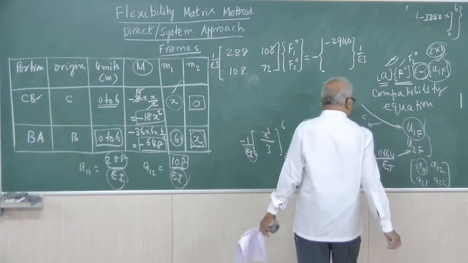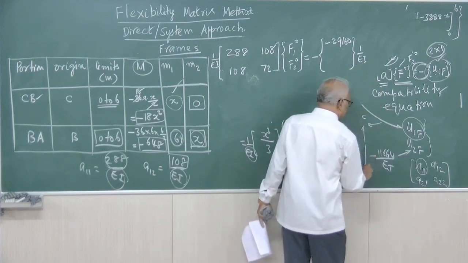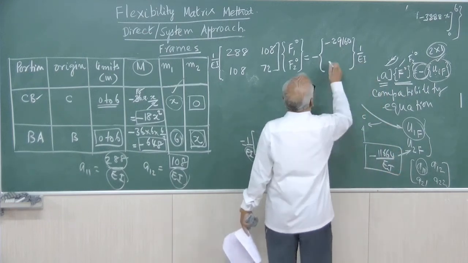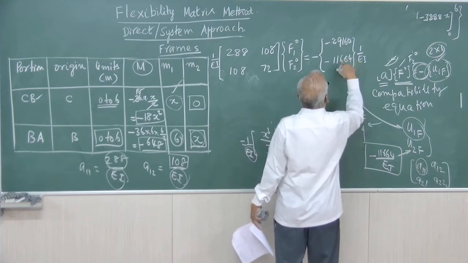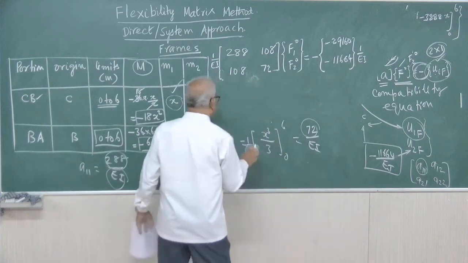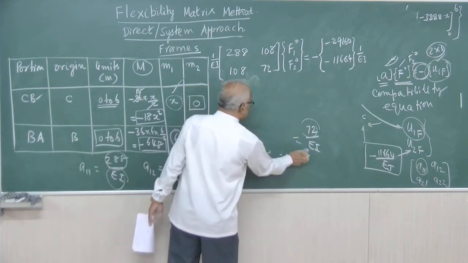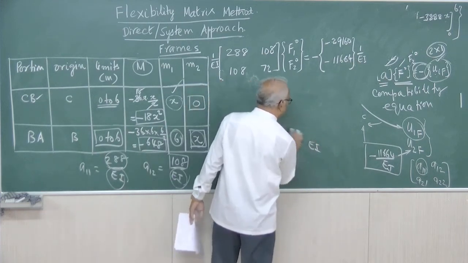And this value A12 equal to minus 11664. Now, for getting the redundants, we have to solve this equation, compatibility equation.